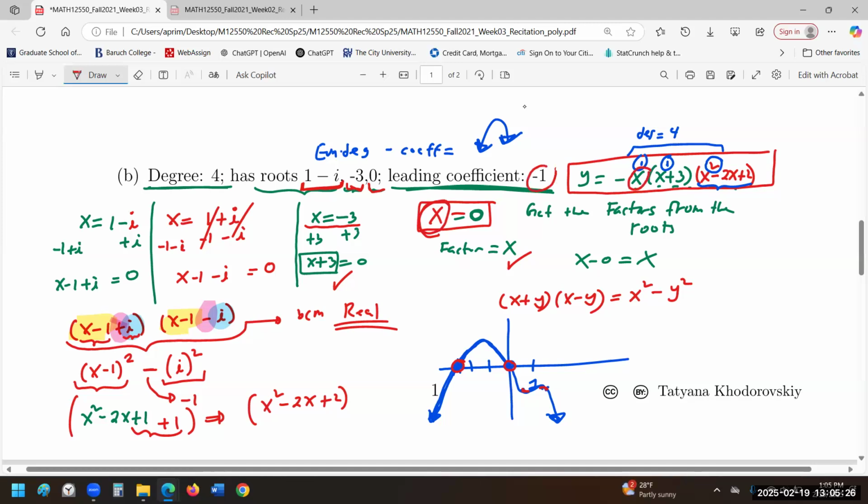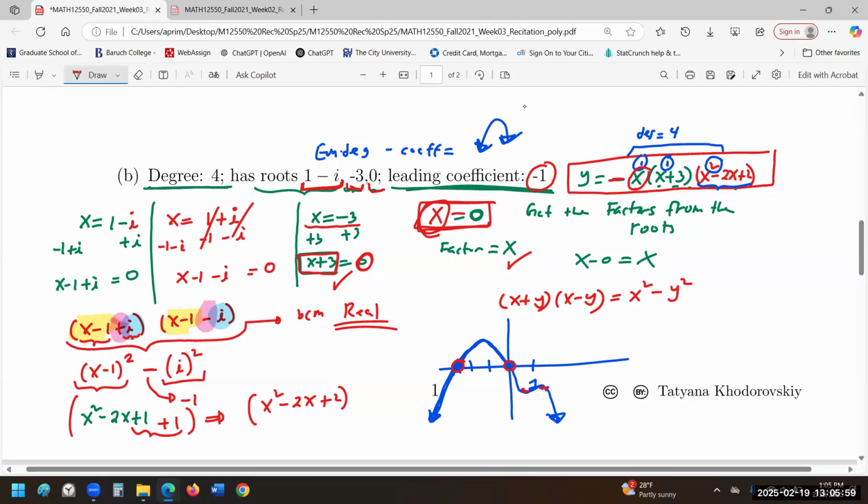And they're telling us our leading coefficient is -1, so I have a -1 here. Now the second zero is x equals -3. In order to see 0 on one side, we need to add 3 to both sides. If you see 0 on one side, whatever you have on the other side is your factor. So our second factor is x plus 3. The x outside came from x equals 0.